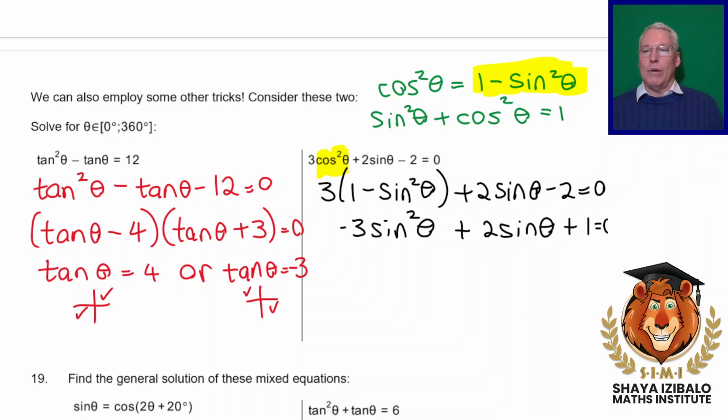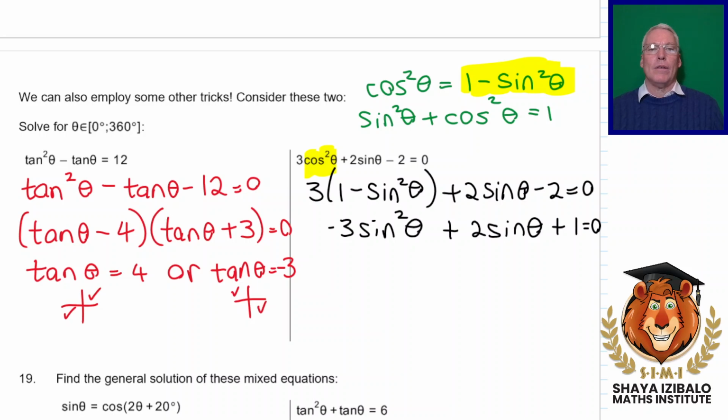And now what we've got is, let's multiply through by -1 on both sides. So we're going to get 3 sine squared theta minus 2 sine theta minus 1 equals 0.